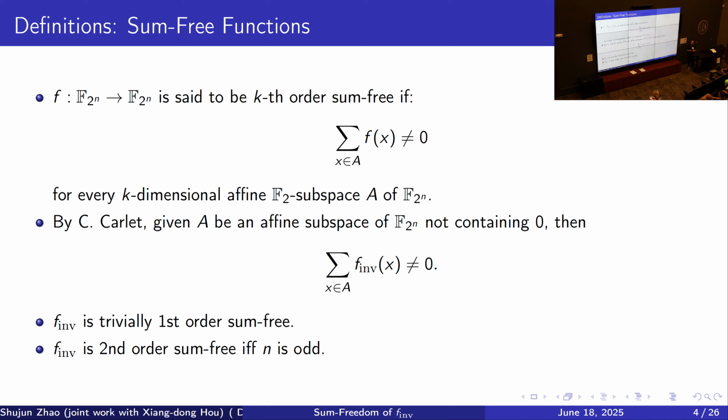And there are some interesting facts, like F inverse is trivially first order sum-free, and F inverse is second order sum-free if and only if n is odd. So recall that the second order sum-free is exactly APN.